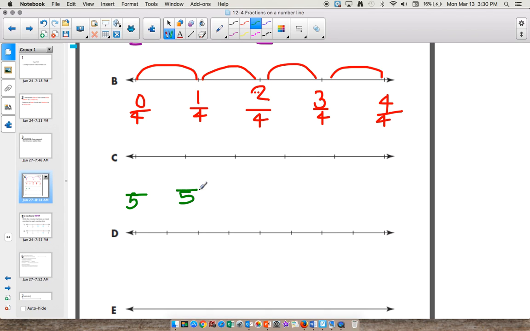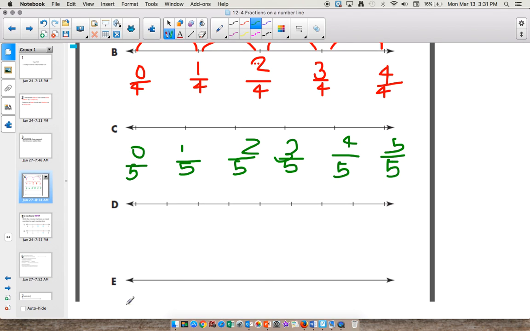So I start creating my fifths number line. The 5 never changes because it's the denominator. And again, what do I start with? I start with 0. And I have 1 fifth, 2 fifths, 3 fifths, 4 fifths, and 5 fifths.